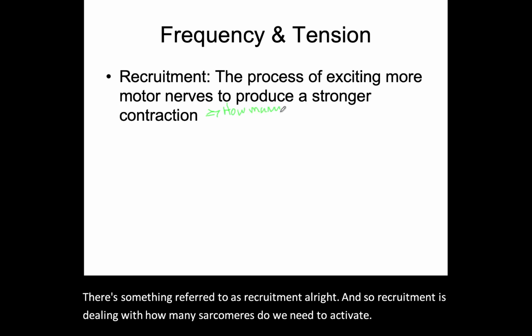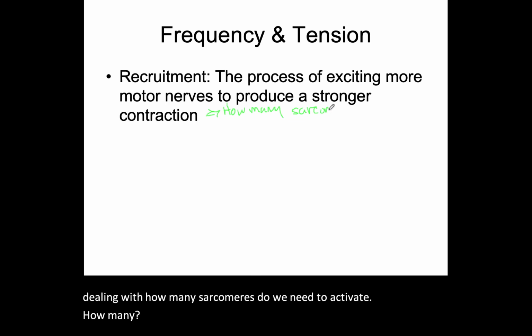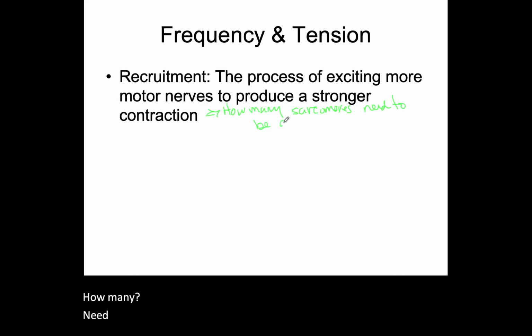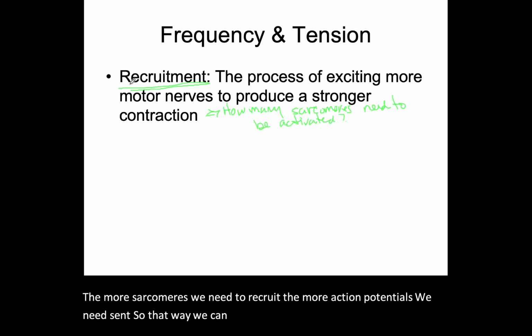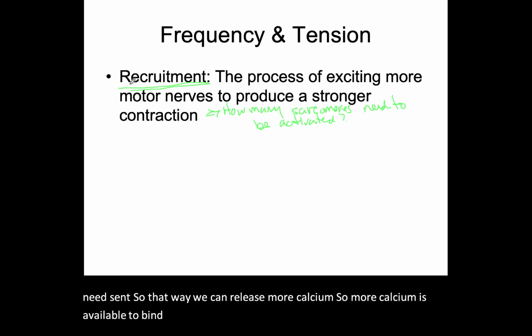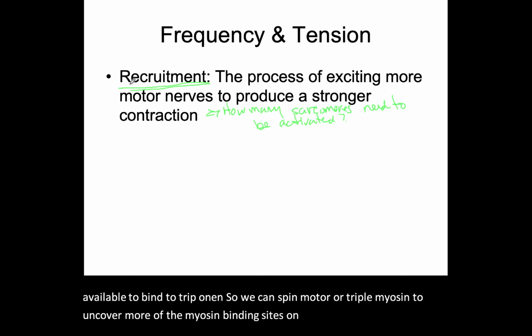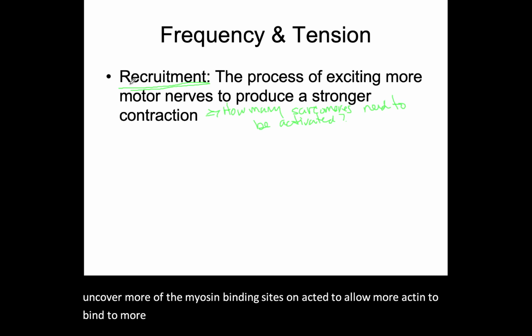Well, the more sarcomeres we need to recruit, the more action potentials we need sent, so that we can release more calcium, so more calcium is available to bind to troponin, so we can spin more tropomyosin to uncover more of the myosin binding sites on actin to allow more actin to bind to more myosin, so you get a stronger contraction. Right? That's recruitment.